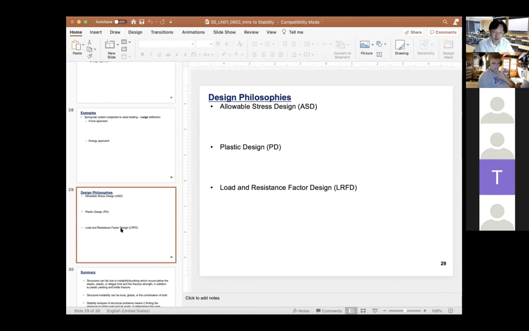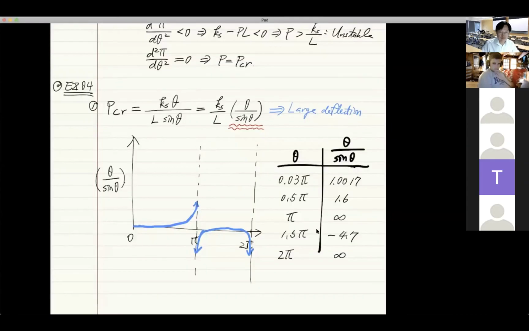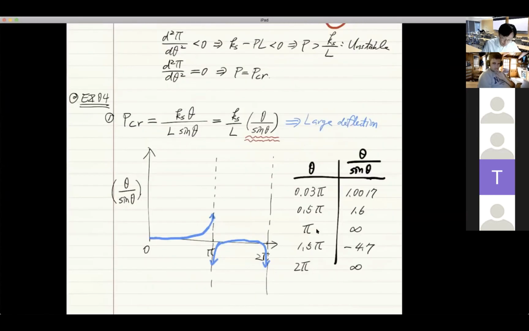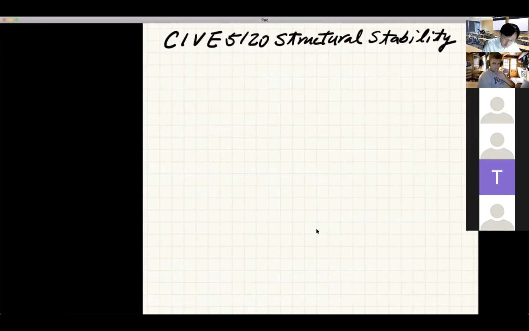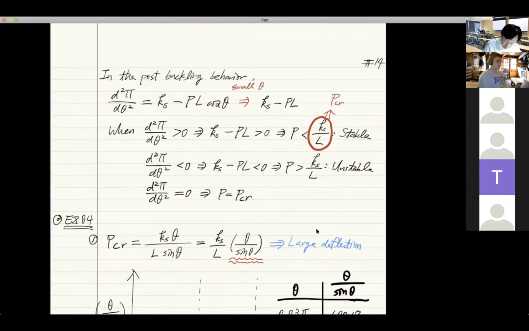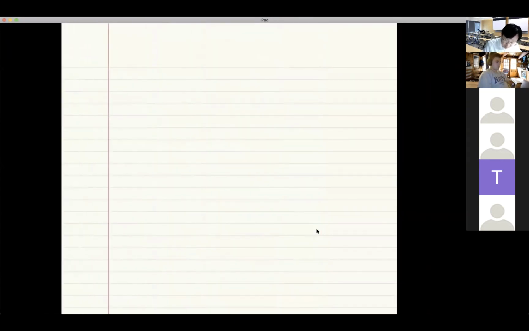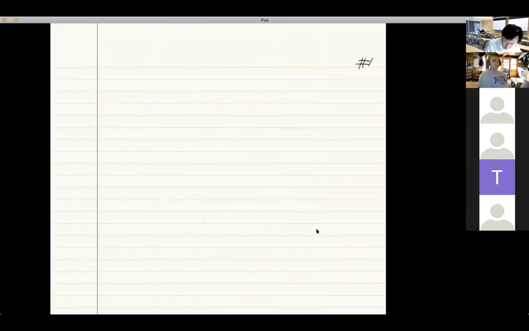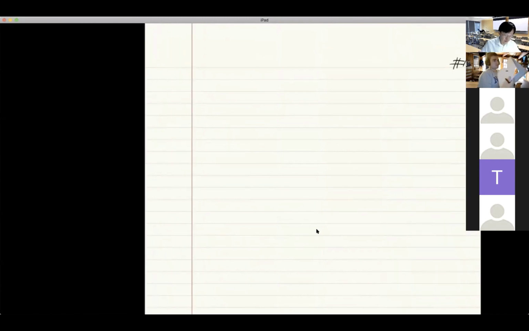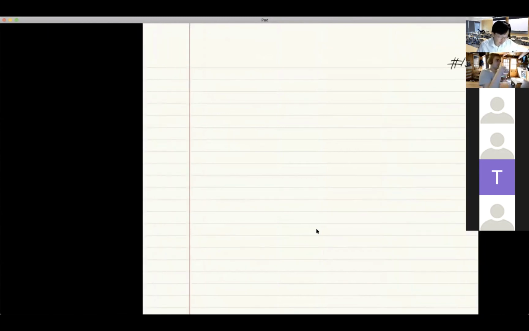This is how it looks like. And let me go back to the note. So we'll go to page 15. We're going to talk about different design philosophies. The first one is what we call allowable stress design. It's called ASD.